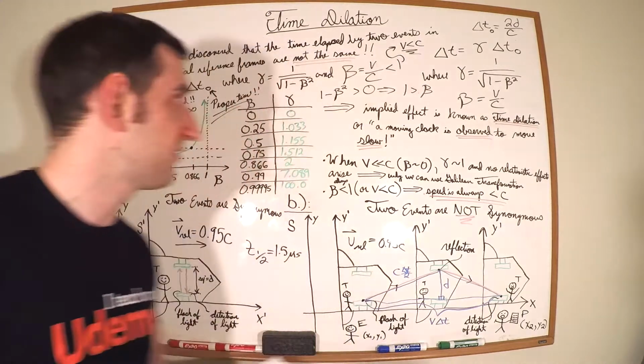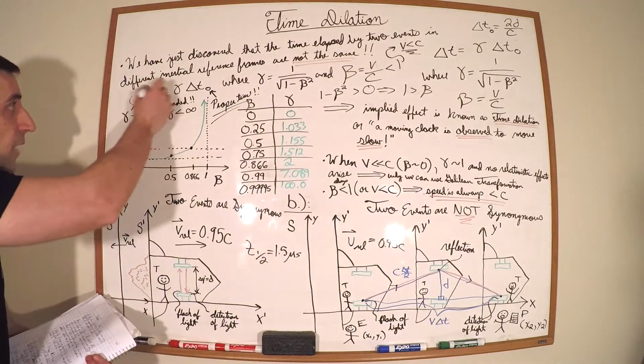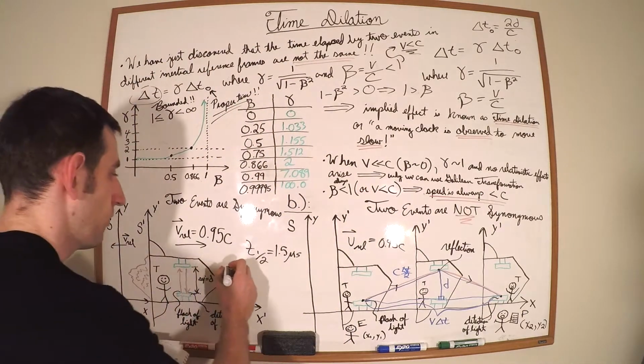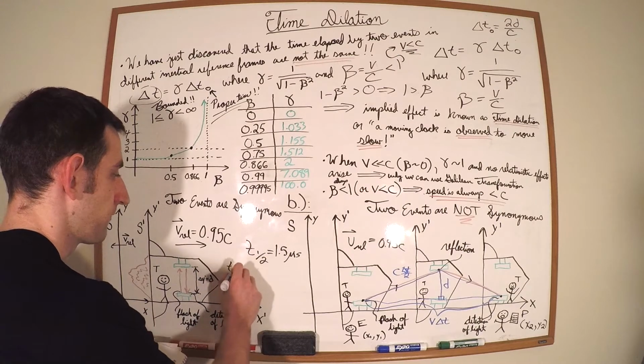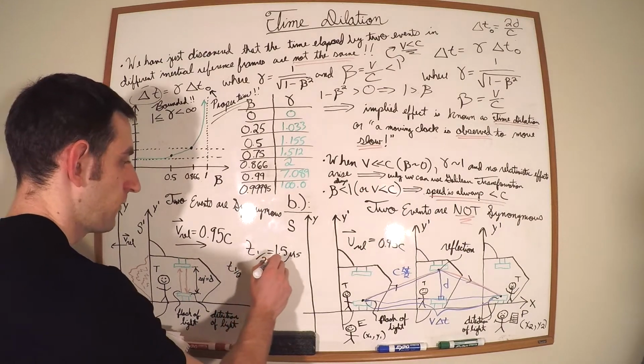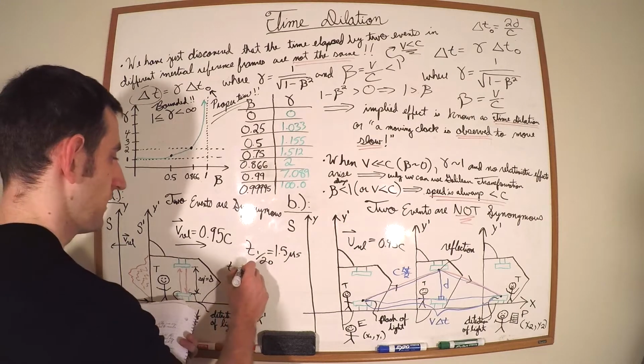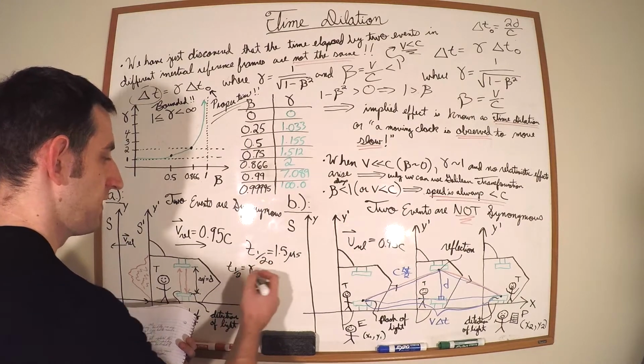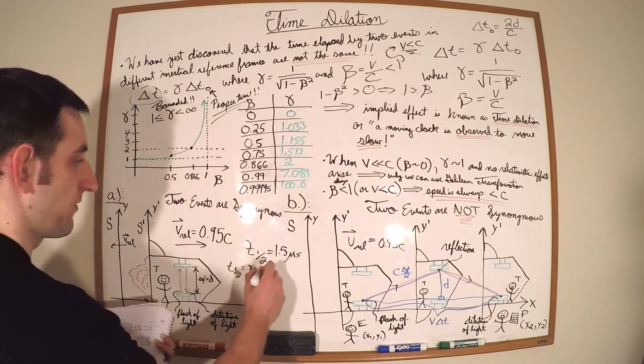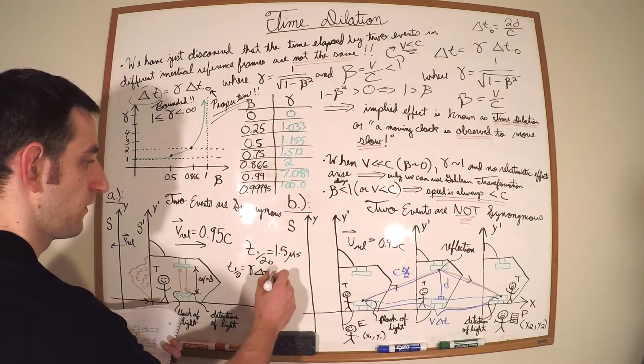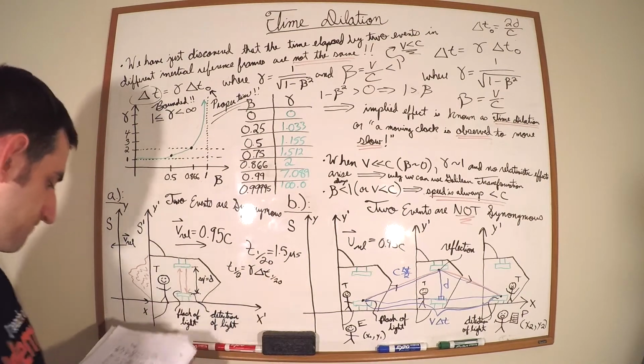So according to us, we are this guy. We are not the proper time. So T1/2, we'll call that naught, is going to equal this, the gamma factor, times delta T 1/2, the proper time. Okay?